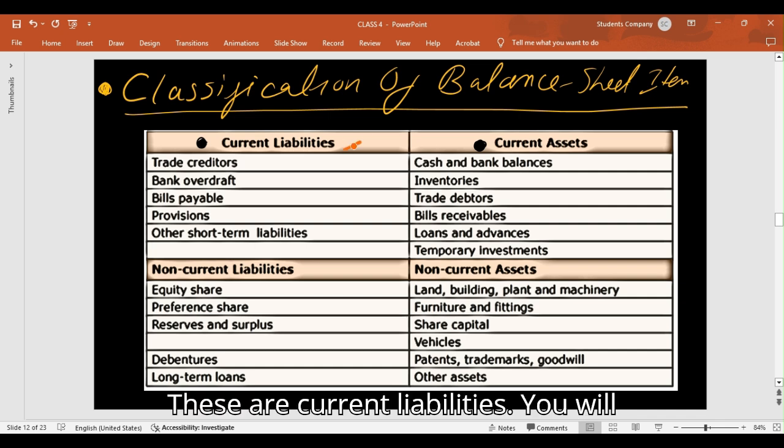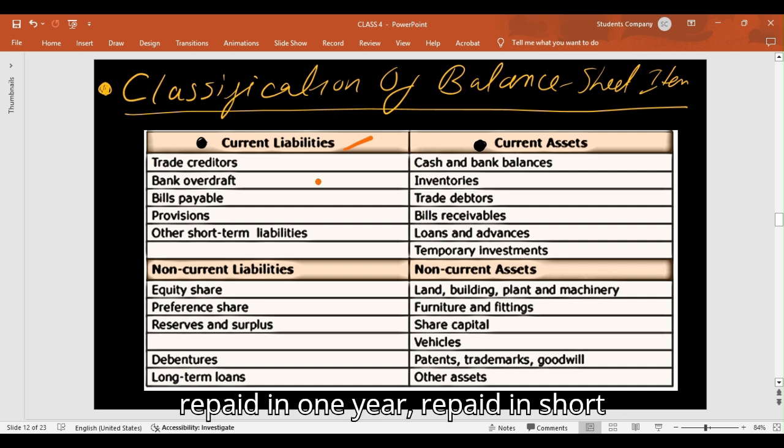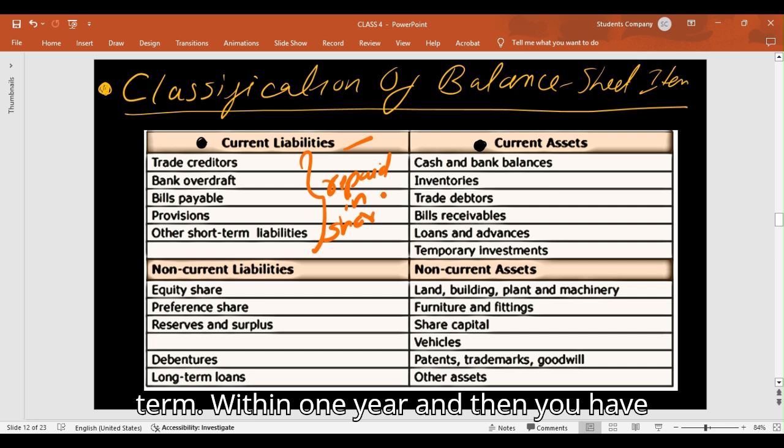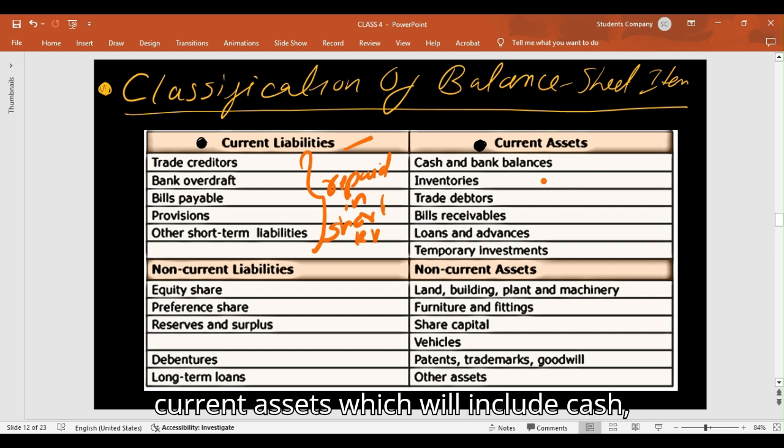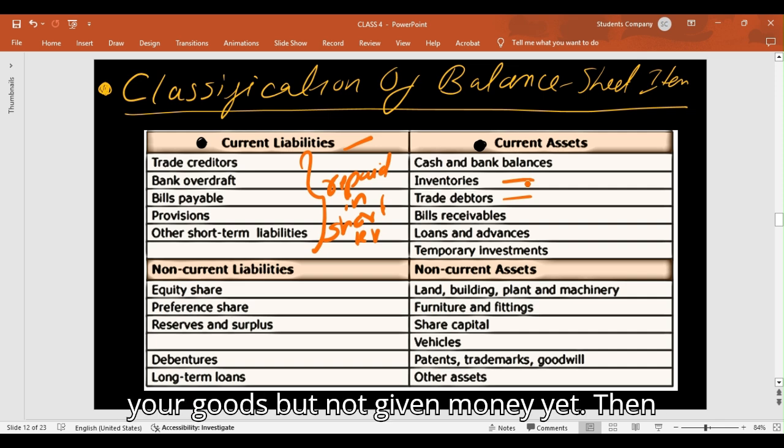These are current liabilities. You will have trade creditors, those who are your suppliers. Then you will have bank OD, bills payable, your provisions, and other short-term liabilities. These are to be repaid within 1 year. And then you have current assets, which include cash, bank balance, inventories, trade debtors, people who have taken your goods but not given money yet.